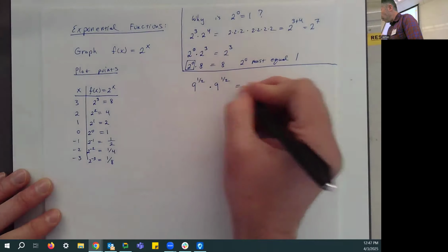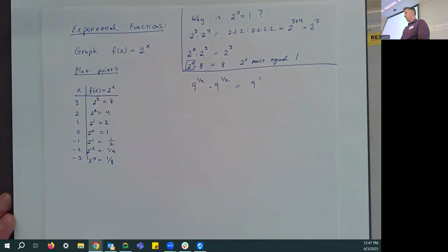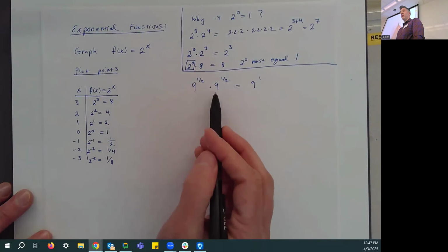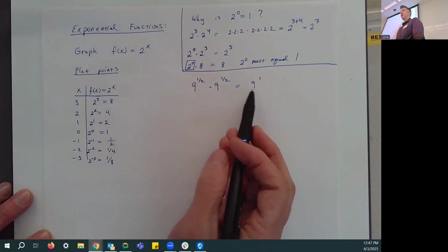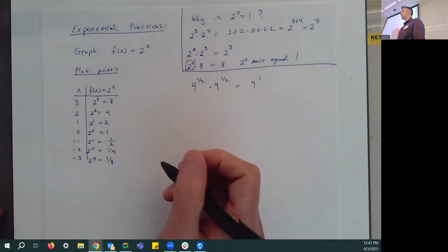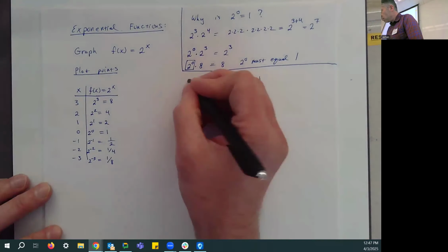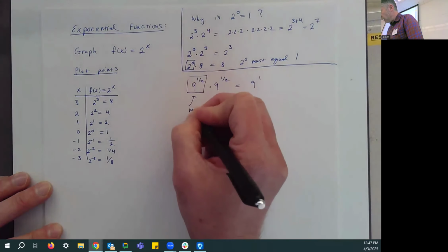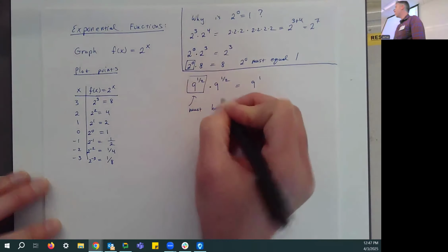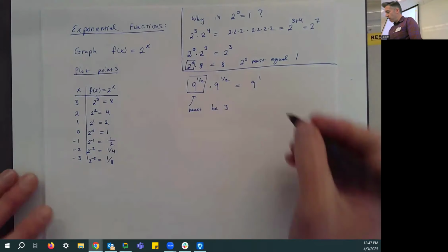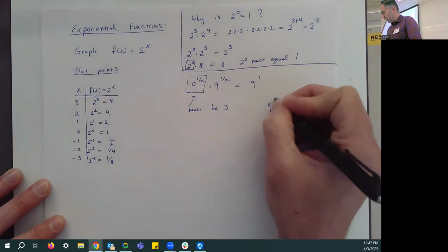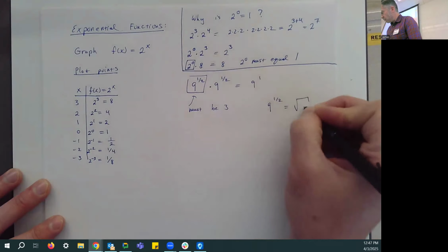So we get 9 to the 1. So we have a number multiplied by the same number equal to 9. The number has to be 3 if we're assuming it's positive, which we are. Must be 3. There is no other choice. So that's why when we say something is a fractional power, we also write it as a square root.